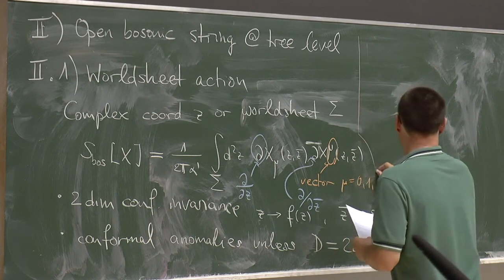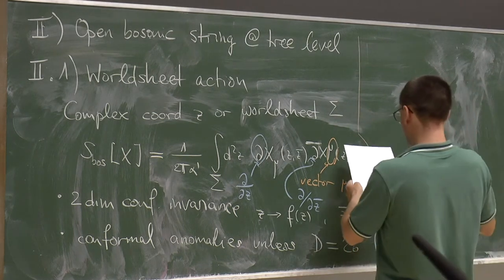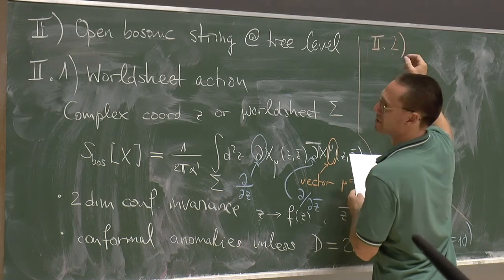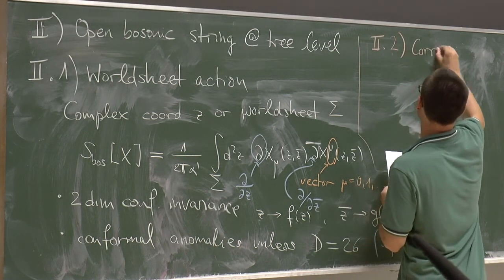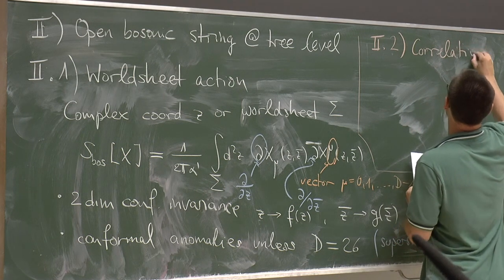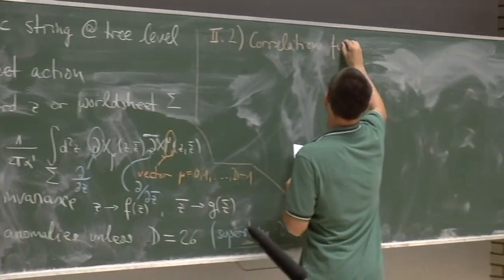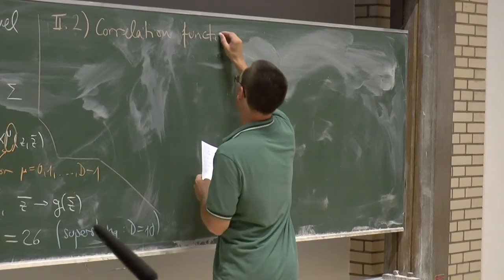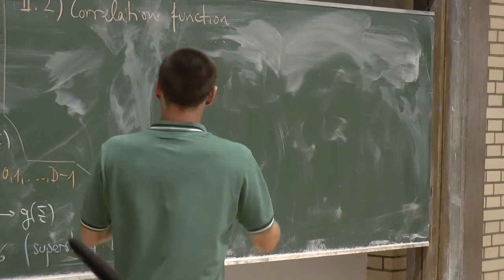Okay, and a little homework that I planned to pose concerns correlation functions that you can compute from the worldsheet action. So, to give the spoiler, this will be a typical integrand for string amplitudes.